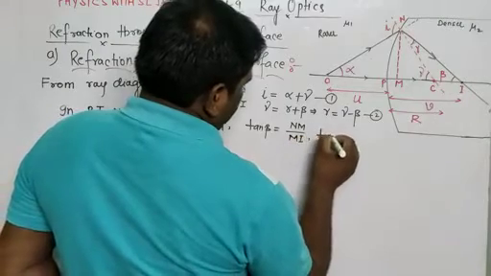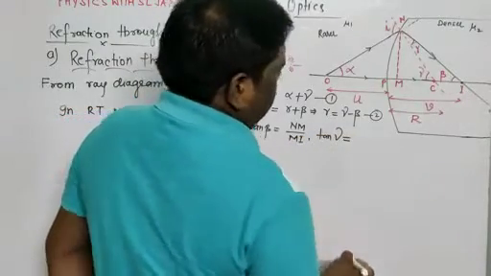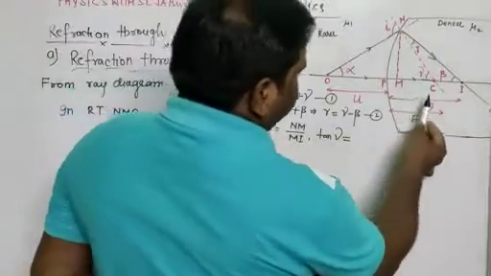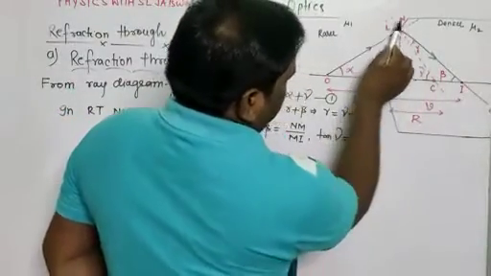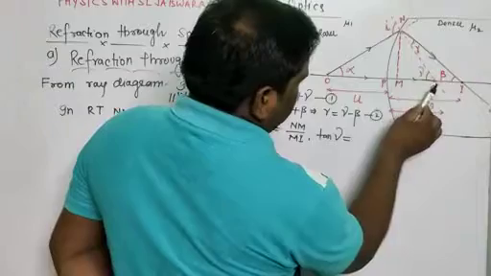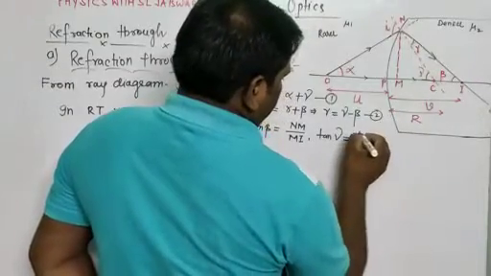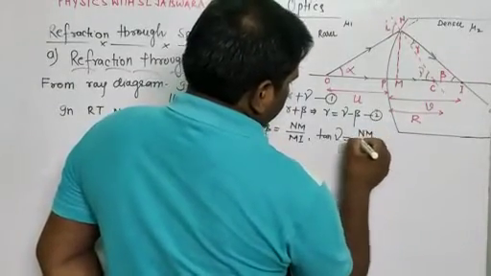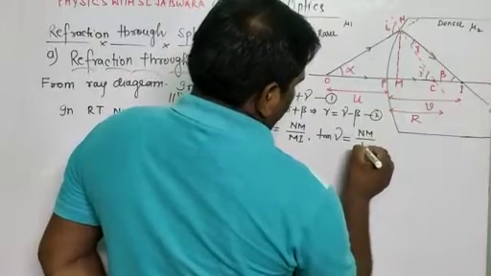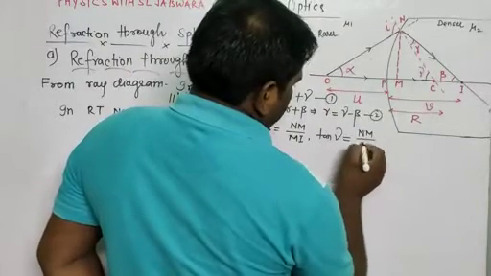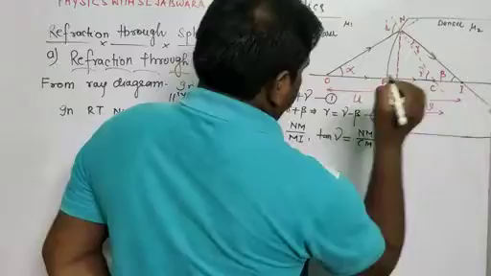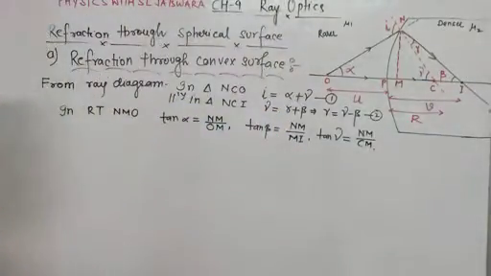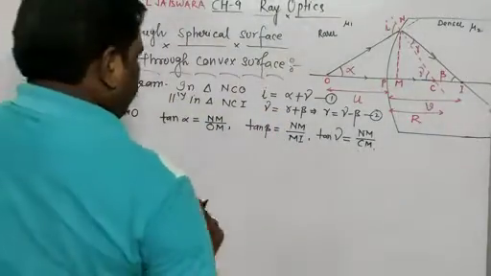Similarly, tangent of gamma can be written as, what? Again you have to consider right triangle NMC, that will be equal to NM upon CM. Very good.